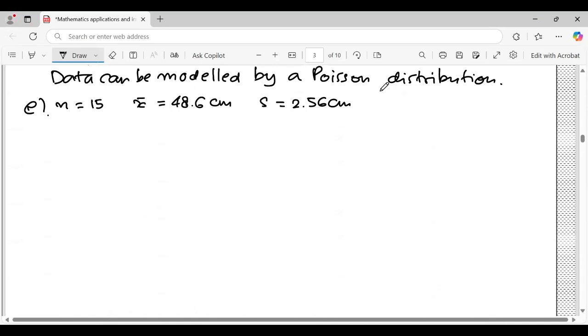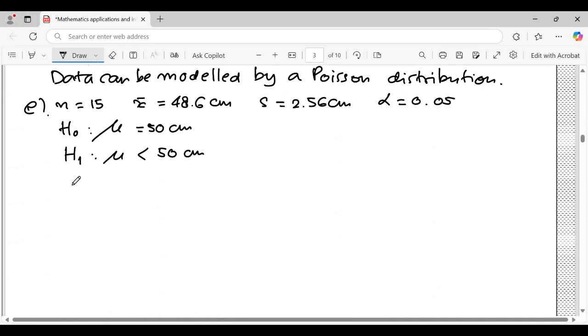Alpha, the significance level, is 0.05. The null hypothesis is mu equal 50 centimeters, and the alternative hypothesis is mu less than 50 centimeters.